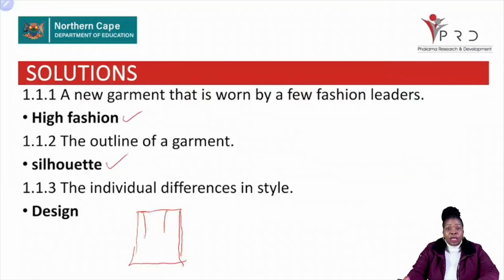We usually use silhouettes to trace out or to develop other patterns. And then 1.1.3 says the individual differences in style. So we call it a design. We come up with different styles, and those styles are called designs.